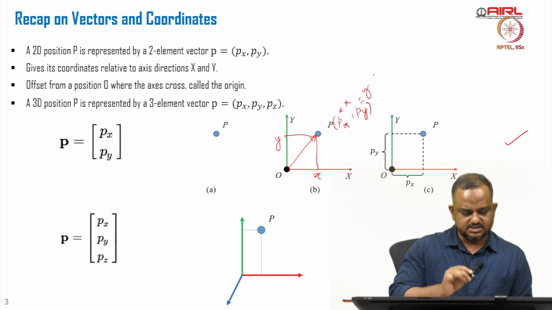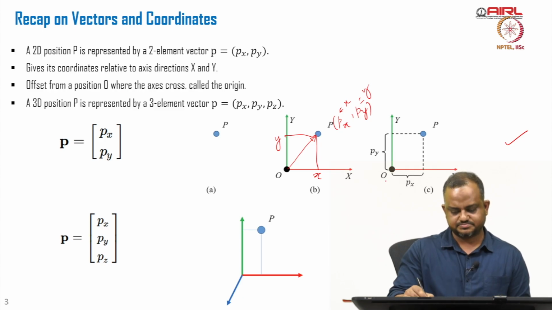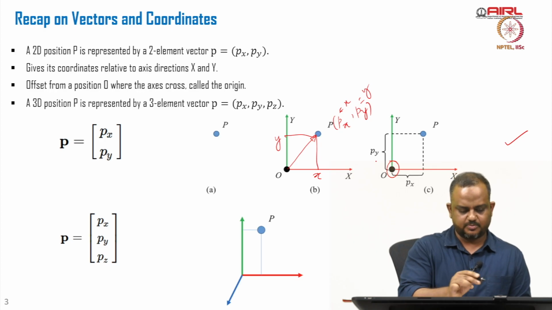This gives the coordinates relative to the axis directions x and y. Then there is an offset from position 0 where the axes cross, called the origin. So the point or the vector is represented as Px and Py.